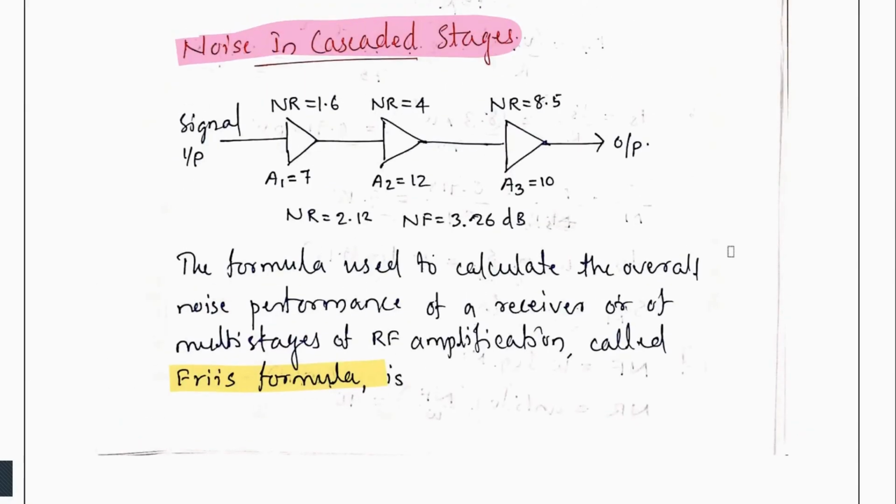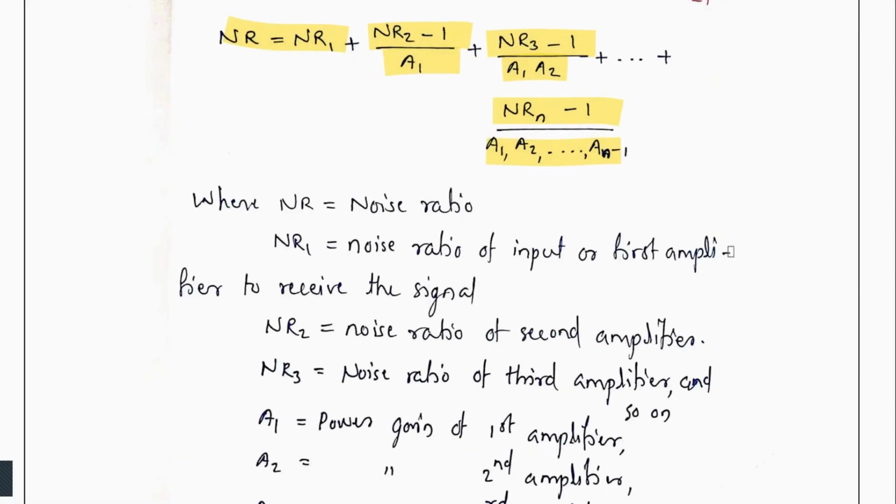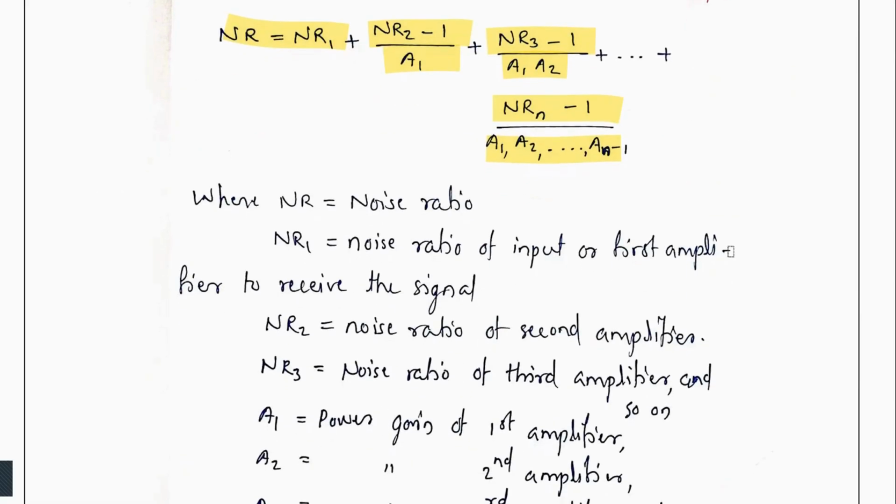You can observe here, this will be my first one, A1, NR1. Here this will be NR2, next one, and A2, A3. It goes on like this. We give a signal input here, we get the output here. So where my NR is what? Noise ratio. NR1 is the noise ratio of the input or the first amplifier to receive the signal.